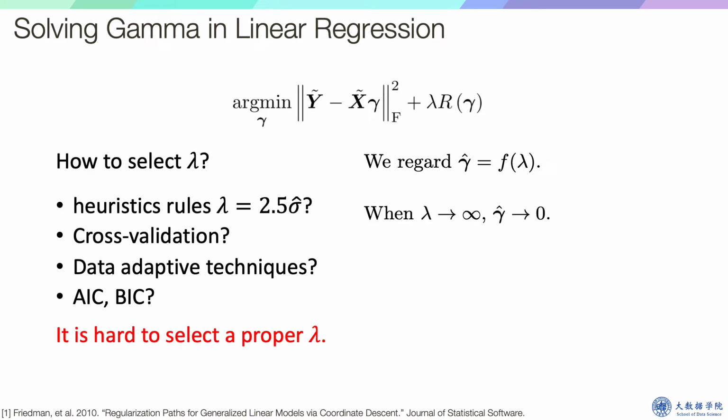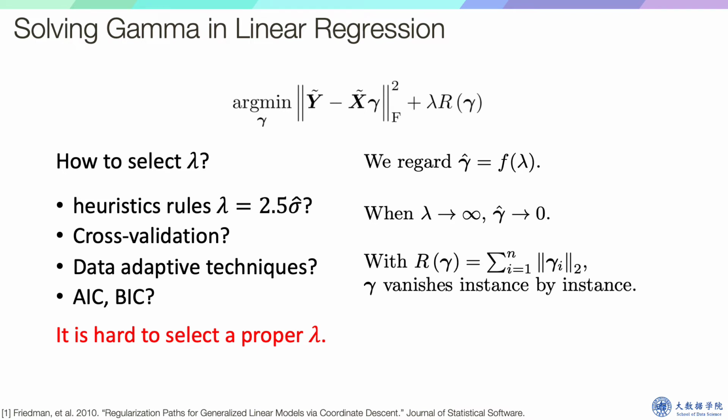In this path, with proper penalty, for example, the row-wise L2 vector norm, gamma will vanish row by row, that is, instance by instance. Then we can use lambda where gamma turns into zero to rank the data and denote the last vanished instances as noisy data.